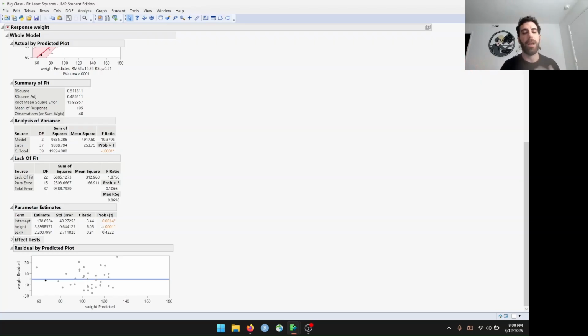So there is that kind of parallelism in approach, whether you choose to construct a confidence interval or build a t-ratio and calculate the p-value, the way you would interpret those results is similar in terms of determining if height is significantly different than 0.